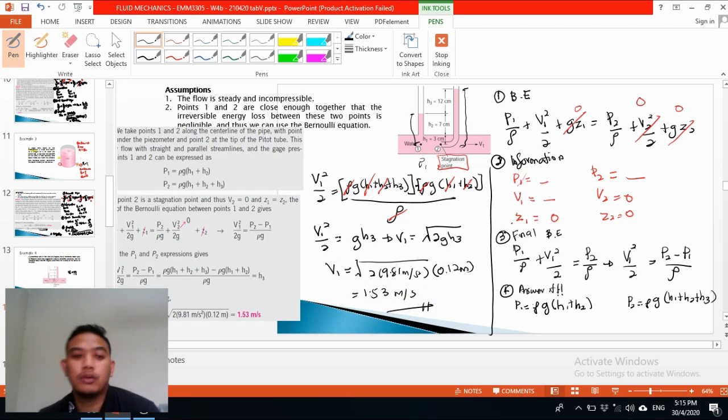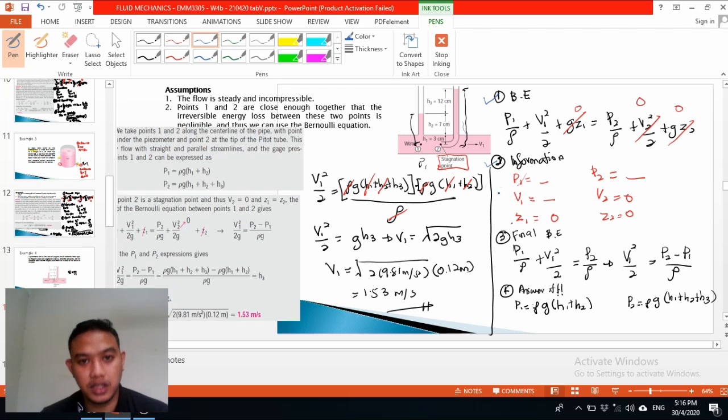Okay. So what you need to remember here, this is the step that you can use. First step is write the Bernoulli equation. Second is put in all the information. In the information, there are several important things, and it depends on the question. For example, in terms of pressure, if it is open to atmosphere, we can take the gauge pressure as 0.